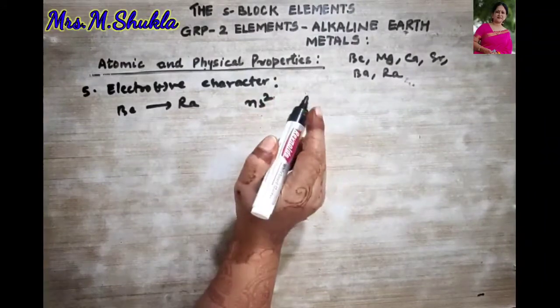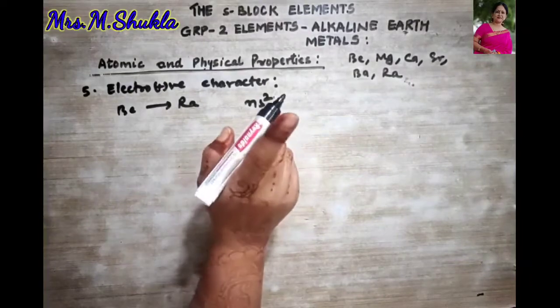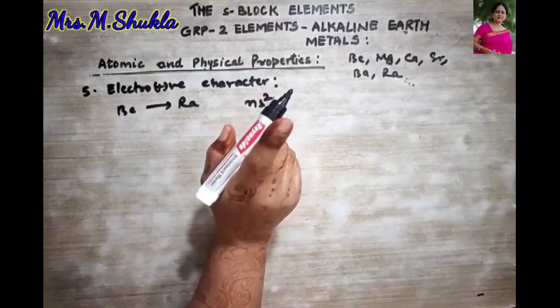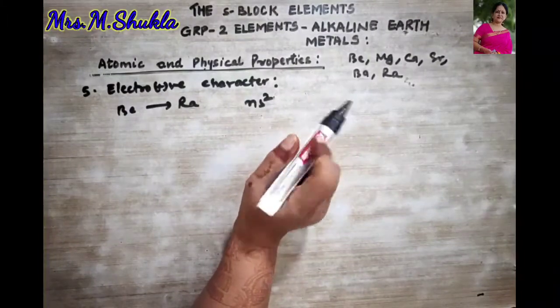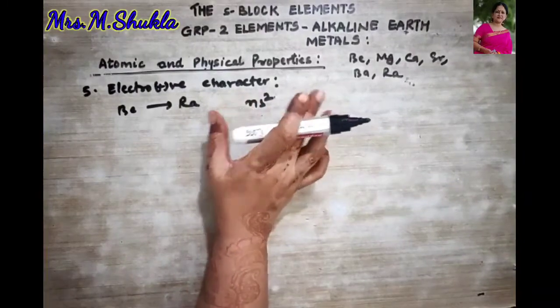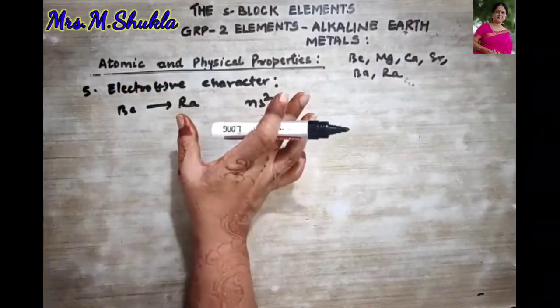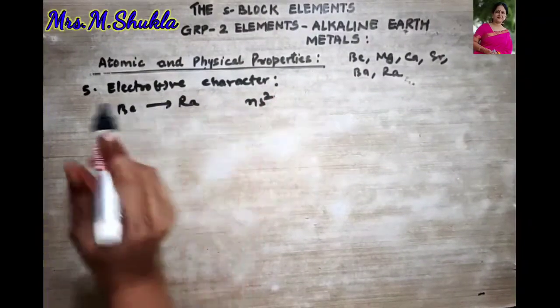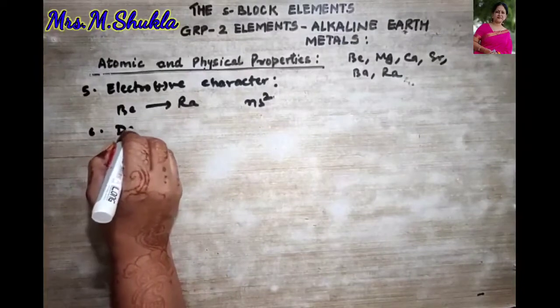For example, beryllium is an exception as it has a tendency to form covalent compounds, right? Otherwise, all the other elements are good reducing agents but not as good as the alkali metals, right?